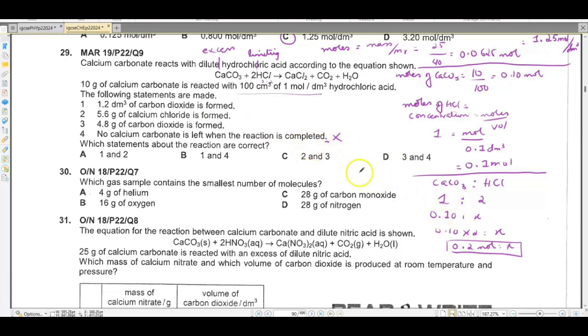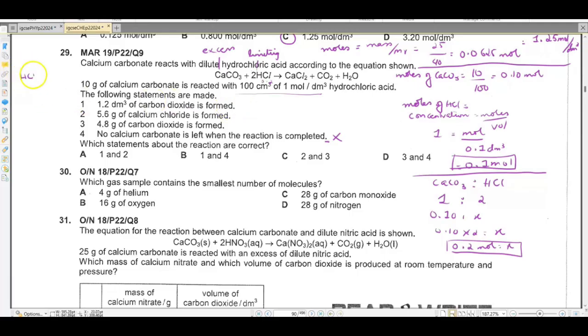So once we found this out, we know that we have to use 0.1 moles of HCl to find how many decimeter cubes of carbon dioxide was formed. Like we need to find the volume of CO2. So how are we going to do that? We are going to find the moles of CO2 first.